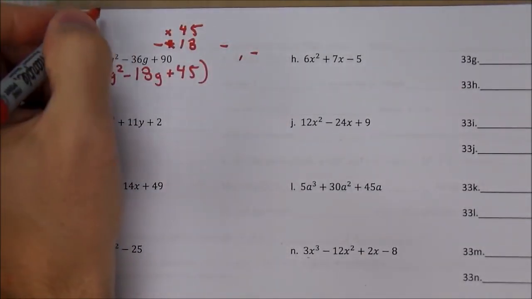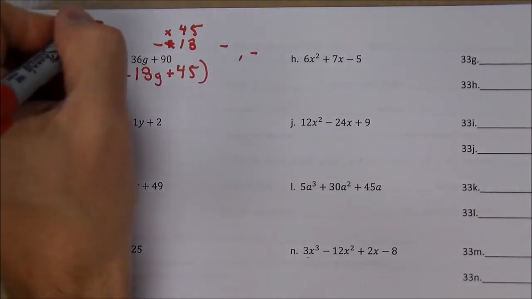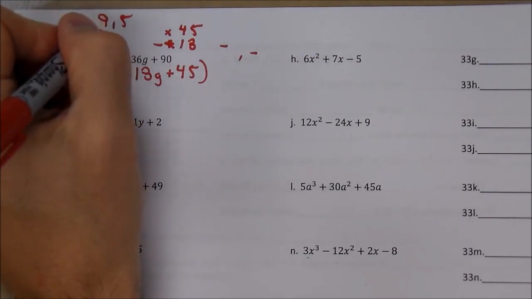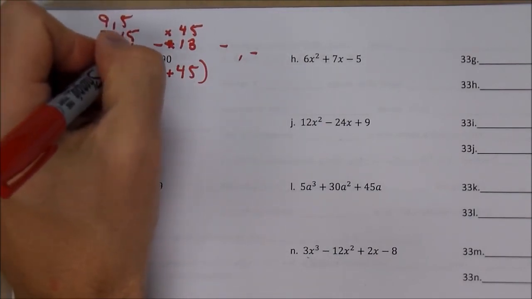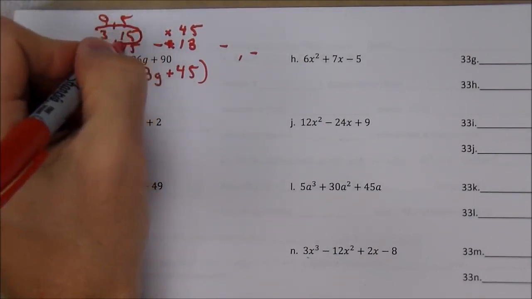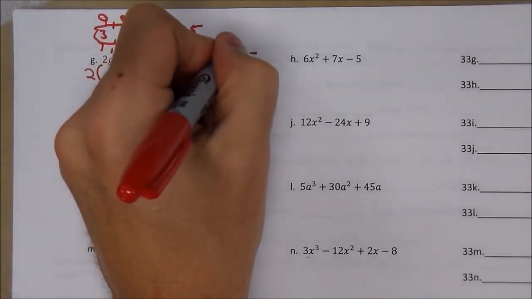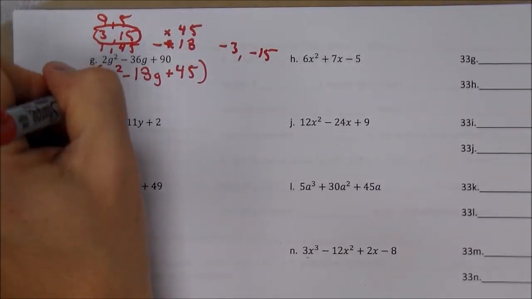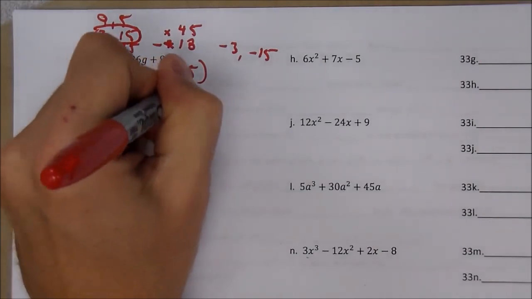So if I can just write out some factors, I want to find ones that together add to 18. So for 45, I got 9 and 5. Those add to 14. I could do 3 and 15. I can do 1 and 45. These two stick out because if I do 3 times 15, I get 45. But if I do negatives, then they would add to -18. So that becomes 2 times g minus 3, g minus 15.